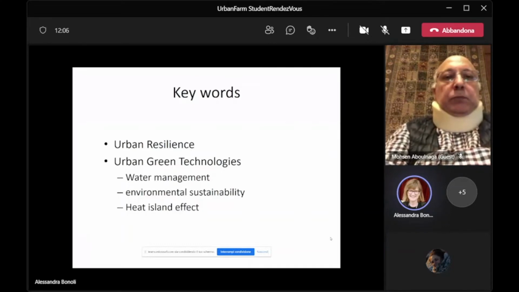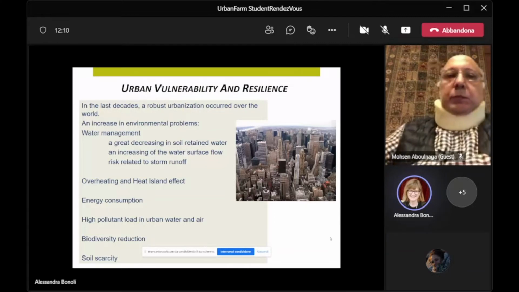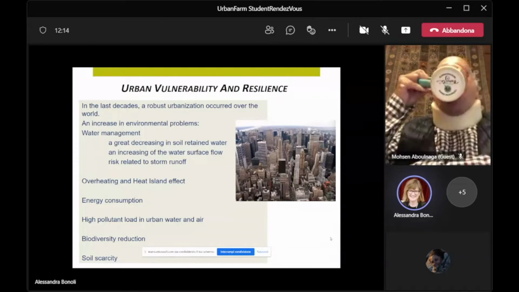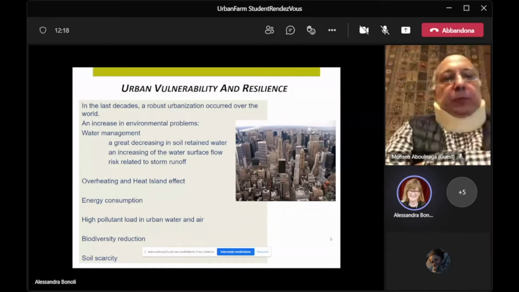We have to put attention to urban vulnerability because during the last decades, a robust urbanization occurred over the world. That means an increase in environmental problems, mainly in water management. That means an increase of the water surface flow and the risk of related storm runoff.